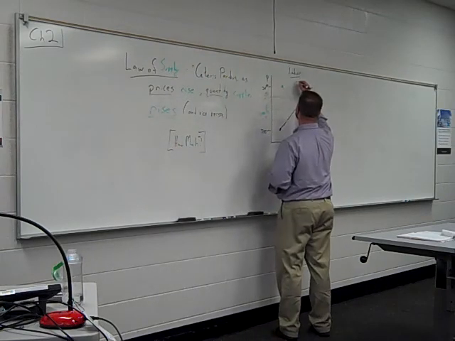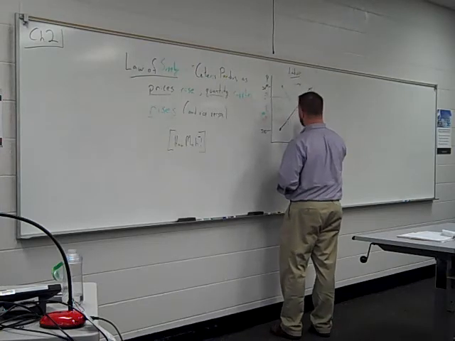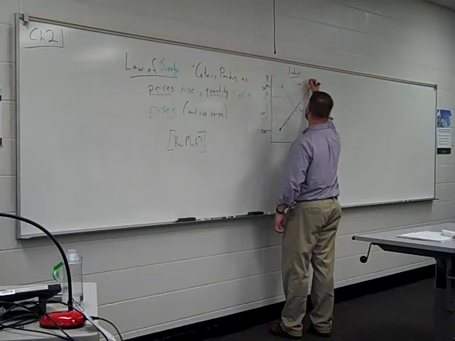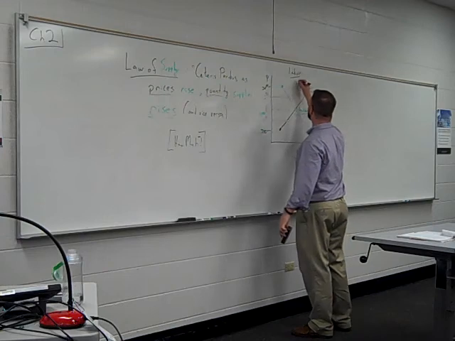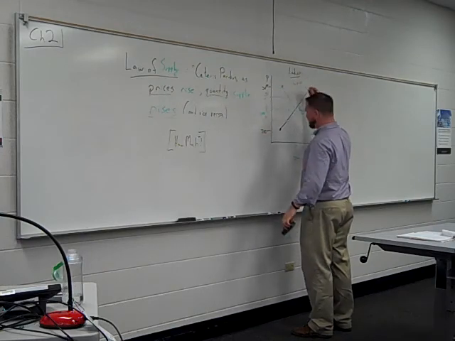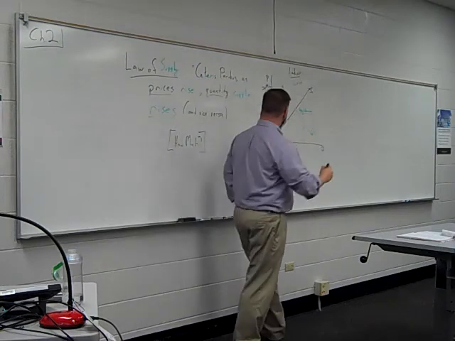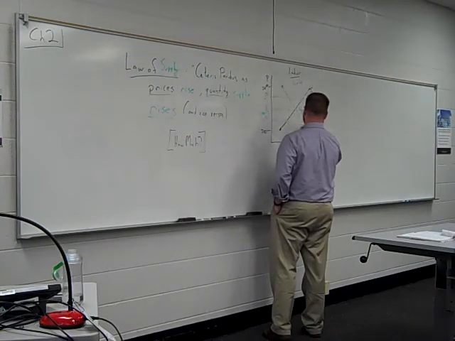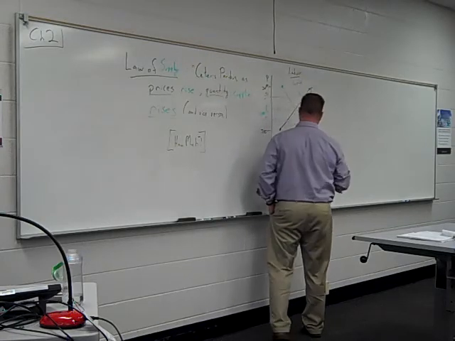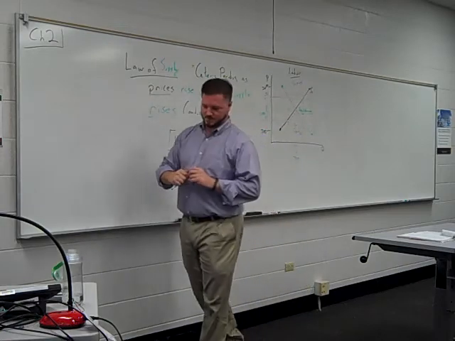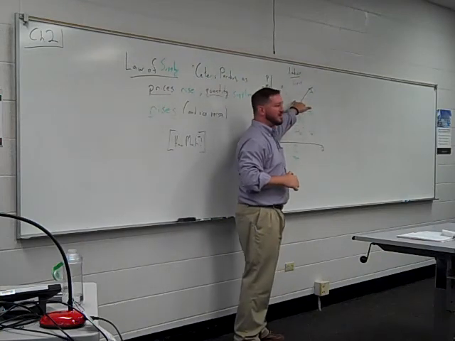We call it a shortage of jobs, I'm sorry, a surplus of labor. This would be unemployment. This difference down here we would refer to as a shortage of jobs. Unemployment, right?